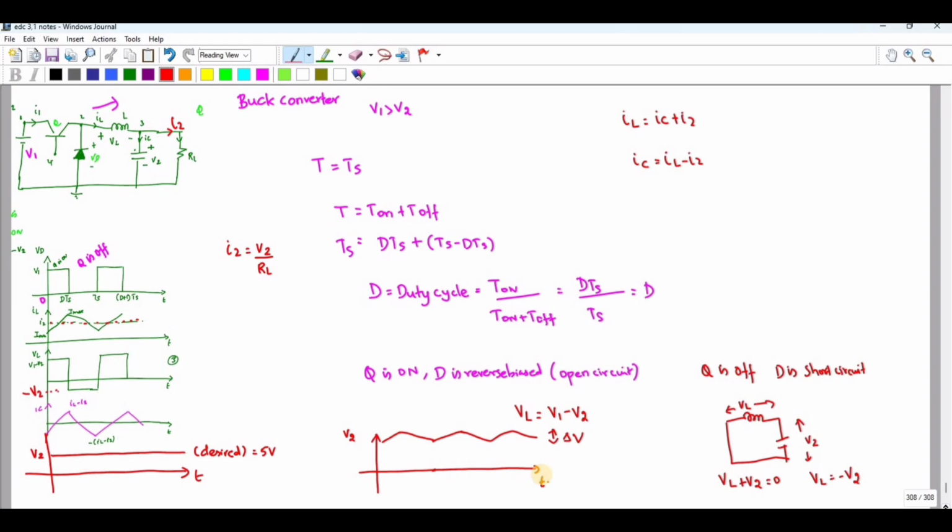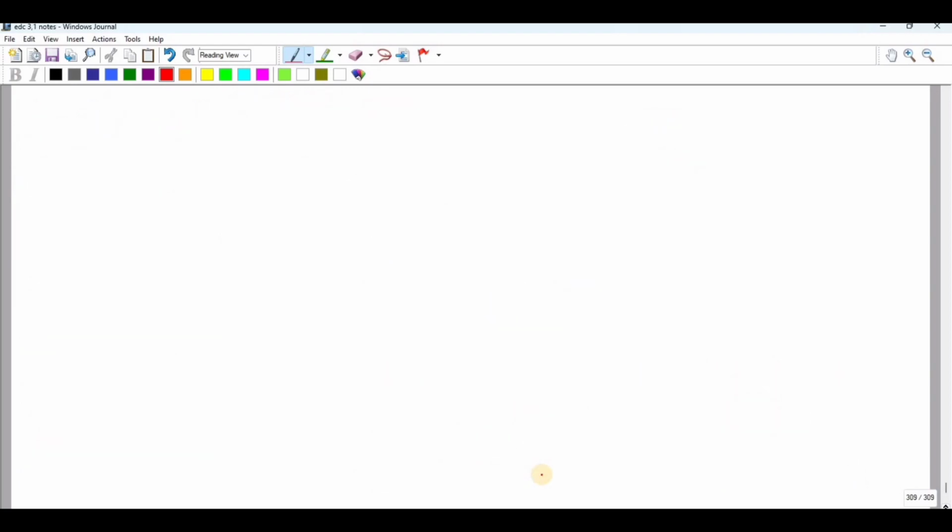So let us derive. I can write the total time, that is (V1 minus V2) across the inductance.